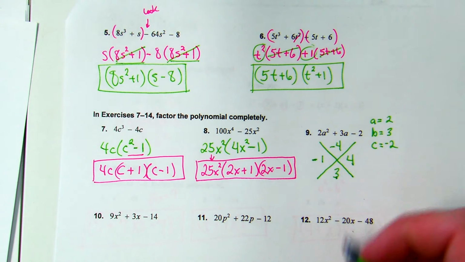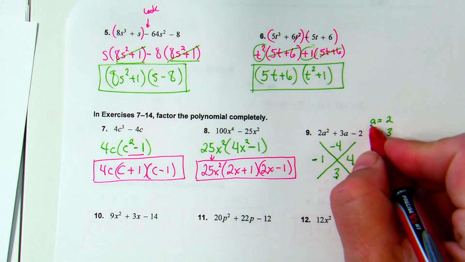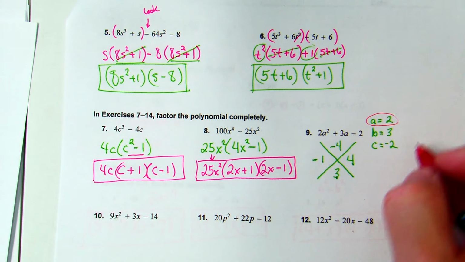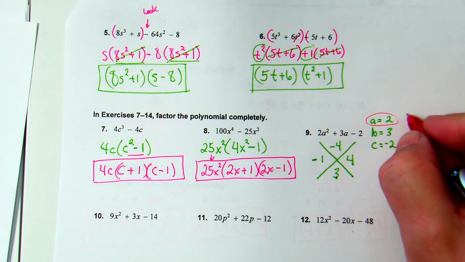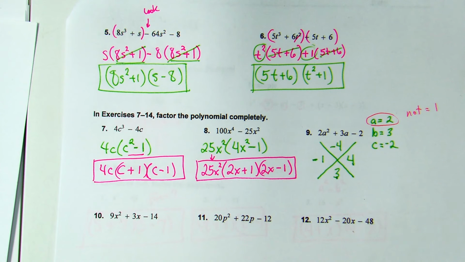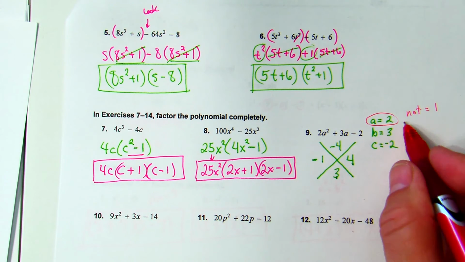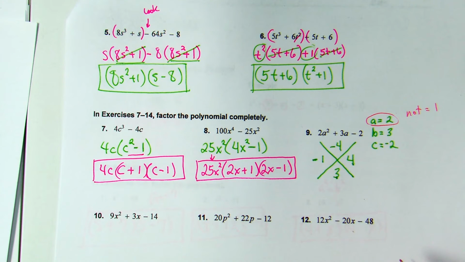All right, and then don't forget this part. When A does not equal 1, then I have to put my factors over A when I create my binomial factors here.